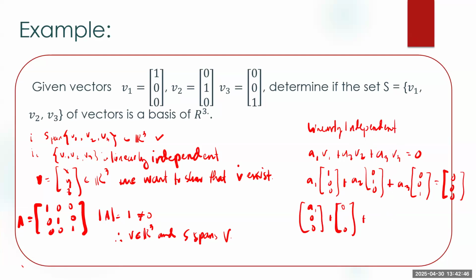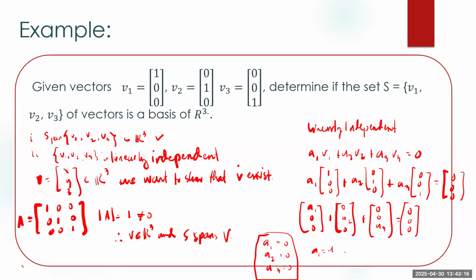This should be A1, 0, 0, 0, A2, 0, 0, 0, A3 equal to 0. If we transform this into a system of linear equations, it would look like this. We have A1 equals 0, A2 equals 0, A3 equals 0. What does this mean?